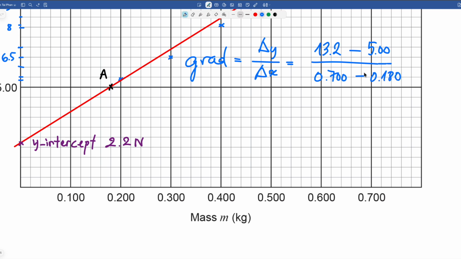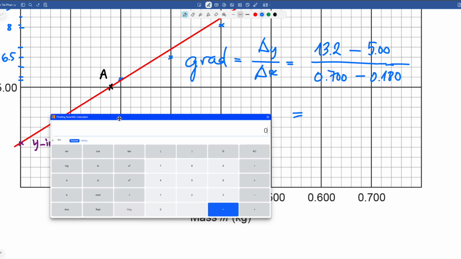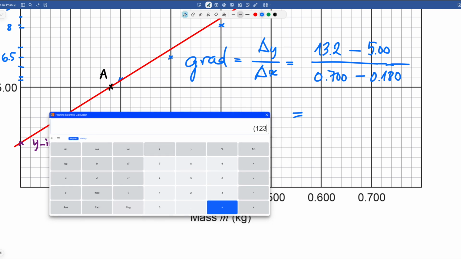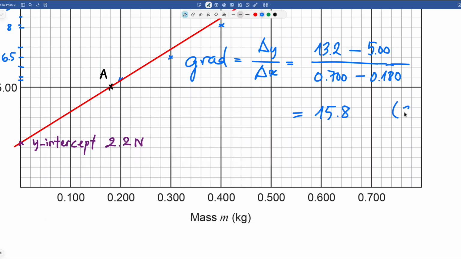Okay, now use the calculator to find this gradient. 13.2 minus 5.00, of course, and then divide 0.700 minus 0.180. We have this gradient 15.8. Okay, 15.8, of course rounded to 3 significant figures.